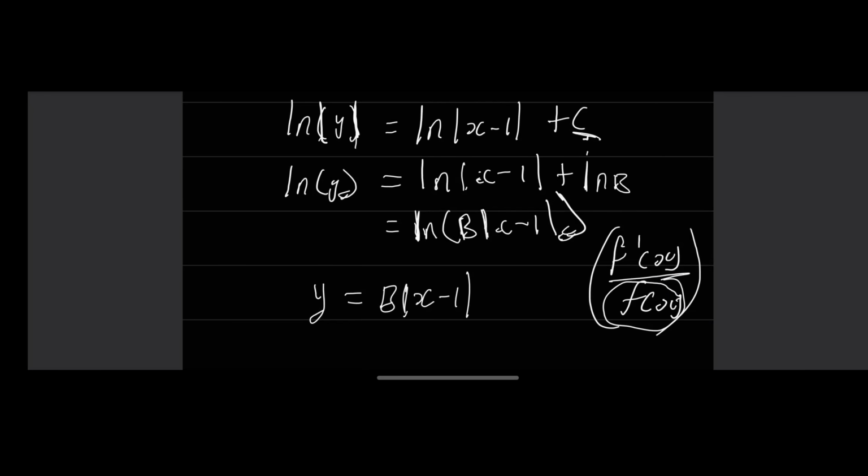So take note. I'll make another video dedicated to showing how to integrate using trigonometric substitution, because it's very crucial here. Imagine you end up having an integral like the integral of 1 over the square root of 1 minus x squared.